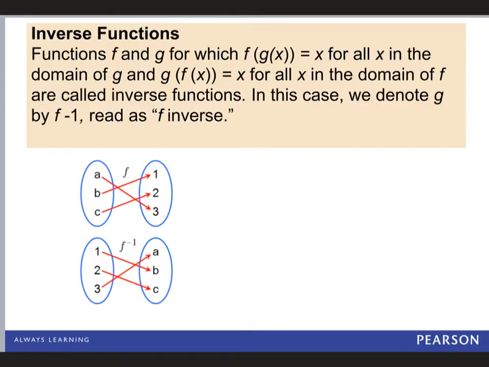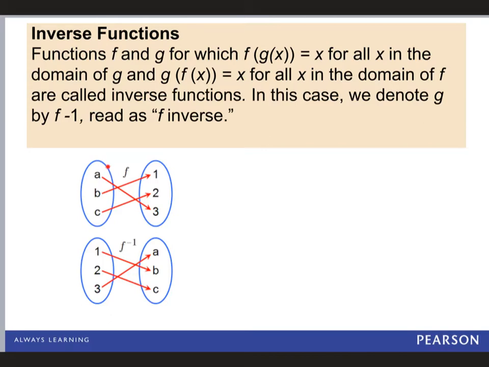The basic idea of an inverse is we know functions are mappings. Here's an example with a function f. It takes these three letter inputs, a, b, and c, and maps them to a number. A goes to 3, b goes to 1, c goes to 2. It's very useful in mathematics to have the idea of going in the reverse direction.